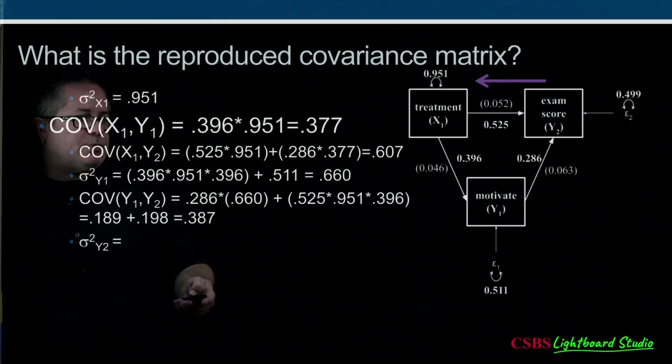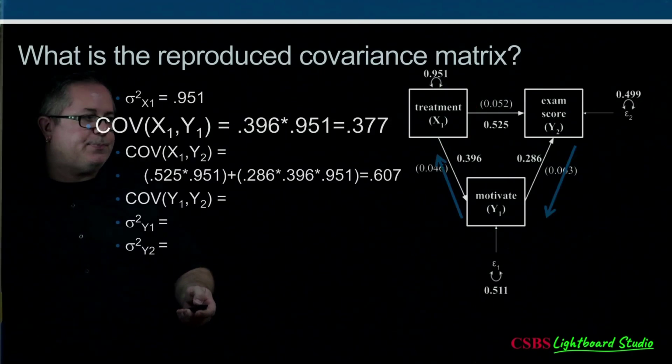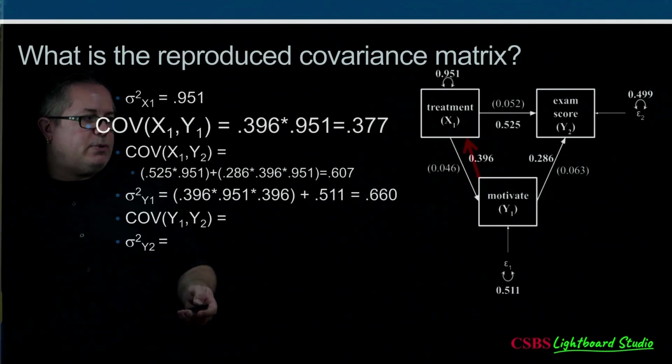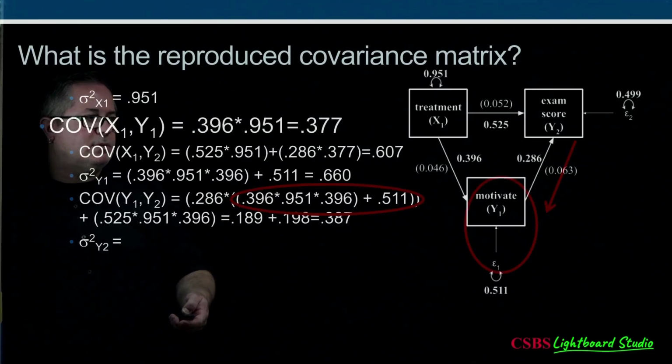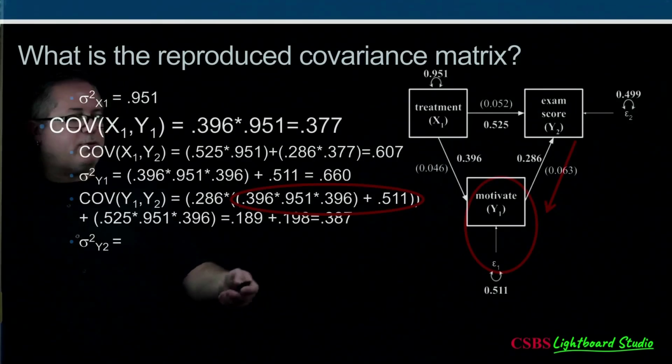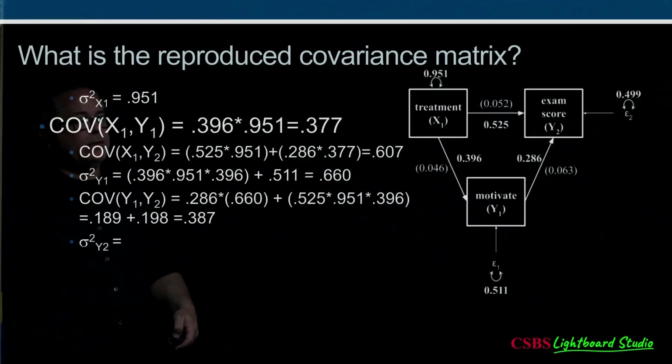So there are two parts, right? You get the part that looks at the direct connection between y1 and y2, which includes the whole variance of y1. That's why we just replaced that part with this, 0.660.